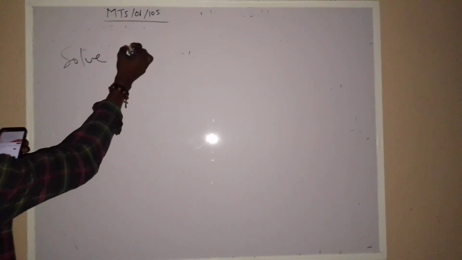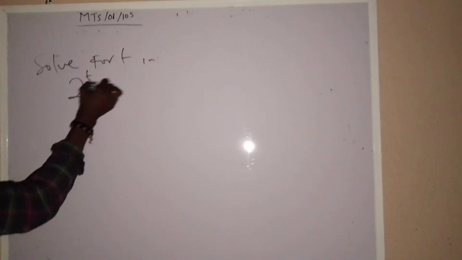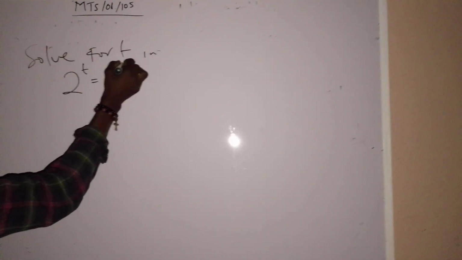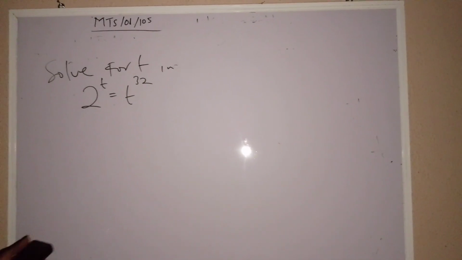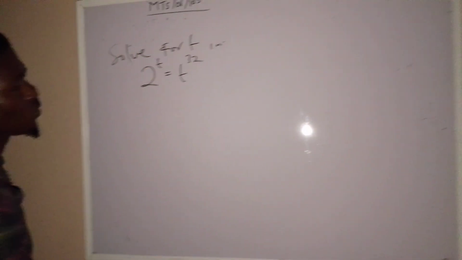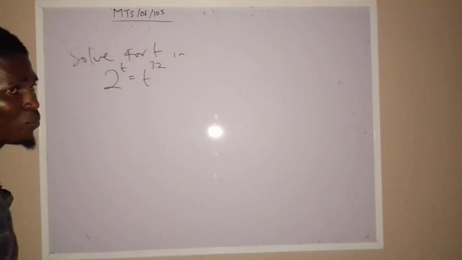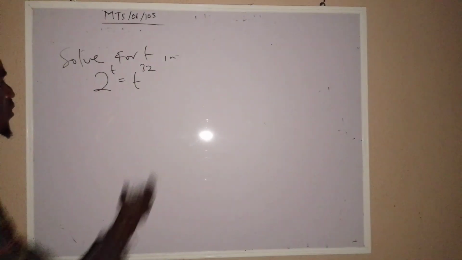So let us solve for t in 2 raised to the power 2 equals 2 raised to the power 30. Okay, last video, I'm tired.